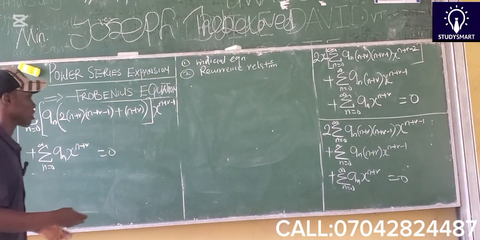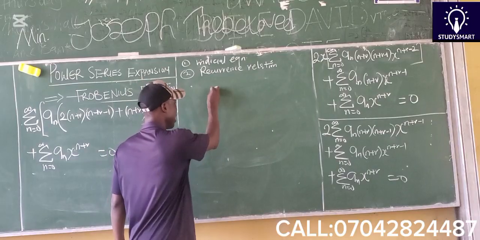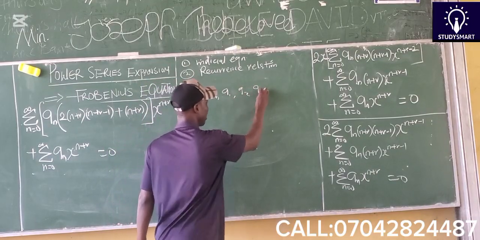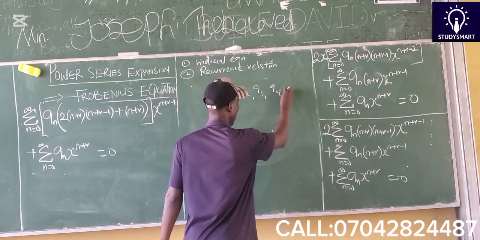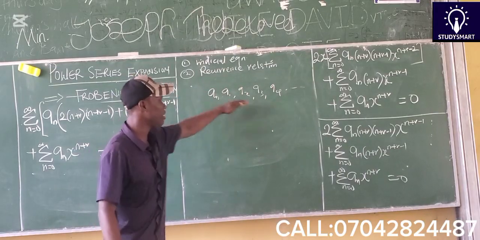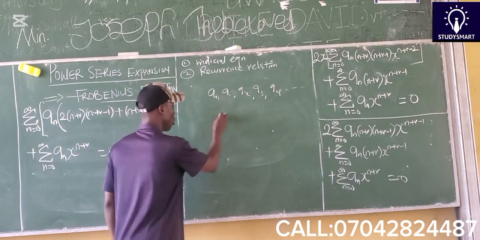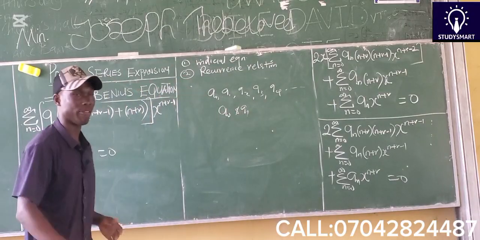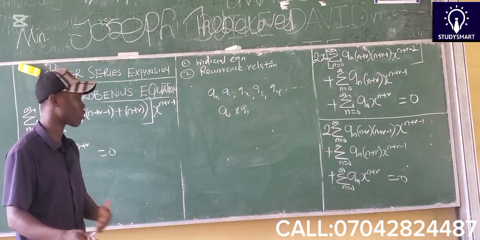Don't forget, in this series, we are looking for a naught, a1, a2, a3, a4, as the case may be. The whole of this should be expressed in terms of a naught and a1, depending on the kind of indicial equation and the root you've gotten.